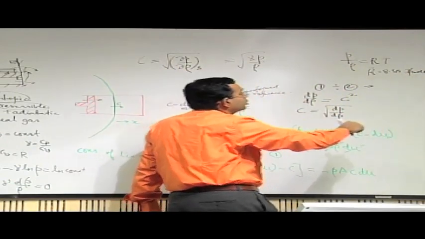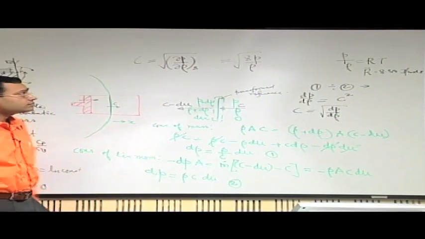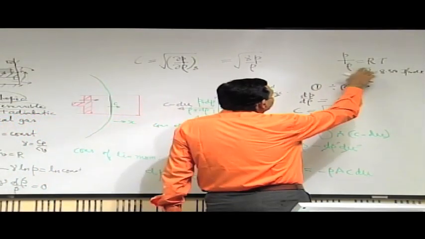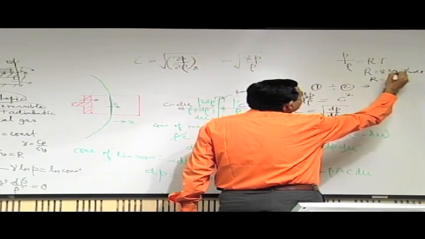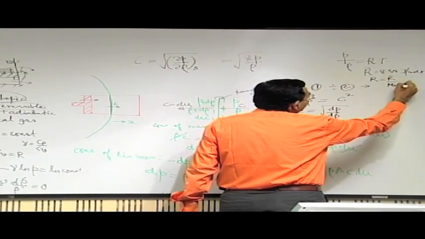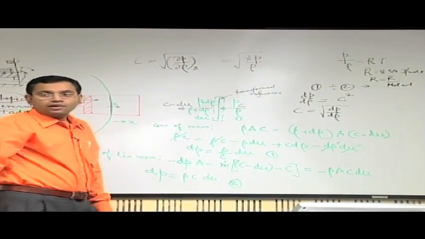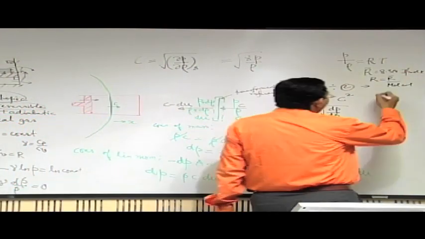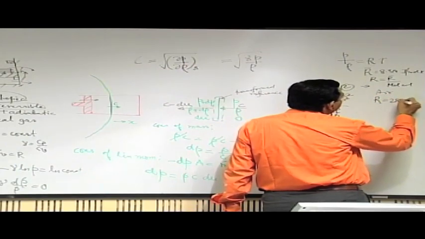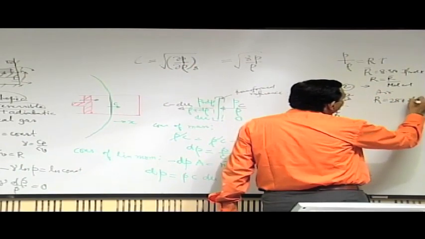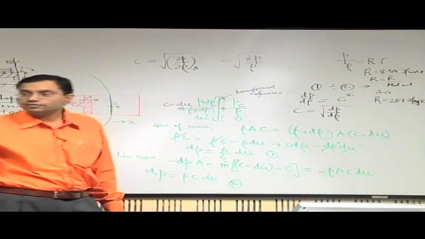So kilojoule per kilomole Kelvin or joule per mole Kelvin, all the same, and this R is this divided by the molecular weight. So for air, this turns out to be roughly 287 joule per kg Kelvin.